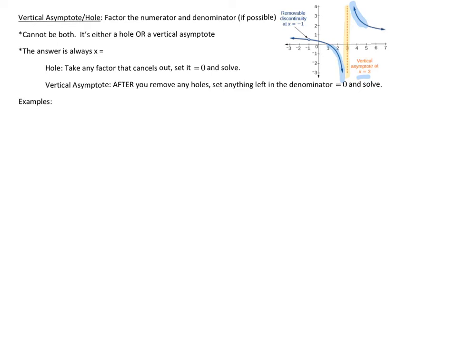Now, we also have this removable discontinuity, or a hole, at this -1. So notice here, I'm still going to approach that open dot, but instead of going off to infinity, I'm approaching a number on both sides. So that's going to be the difference here.